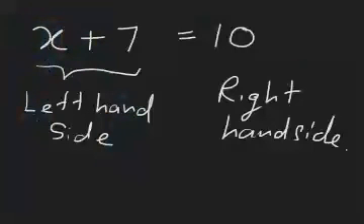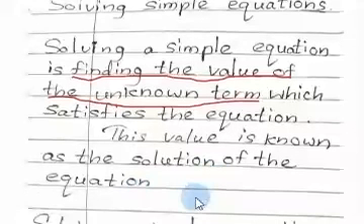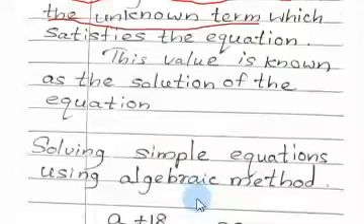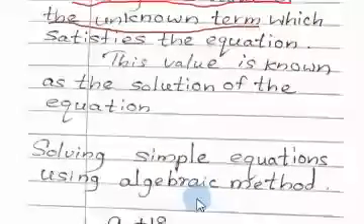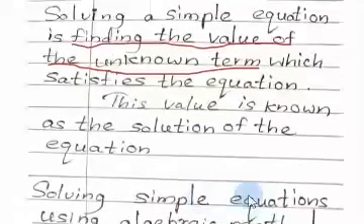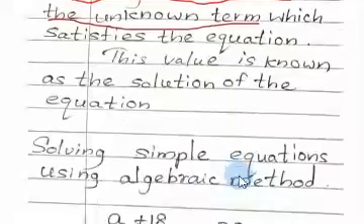Now, in this grade you are going to solve the equation using two methods. First method is algebraic method. Second method is flowchart method. In your textbook, it is mentioned as other method to solve simple equation.